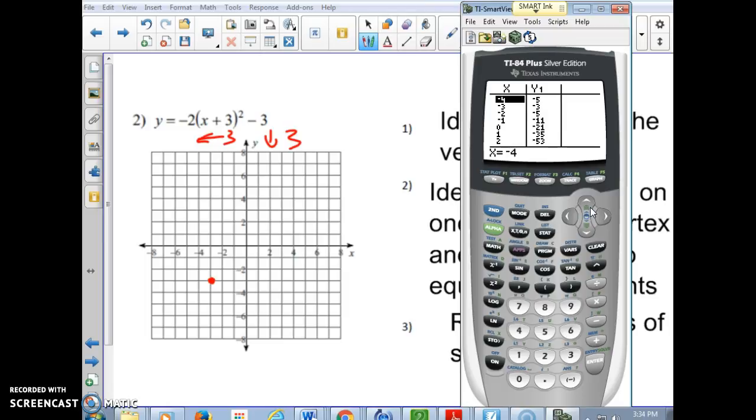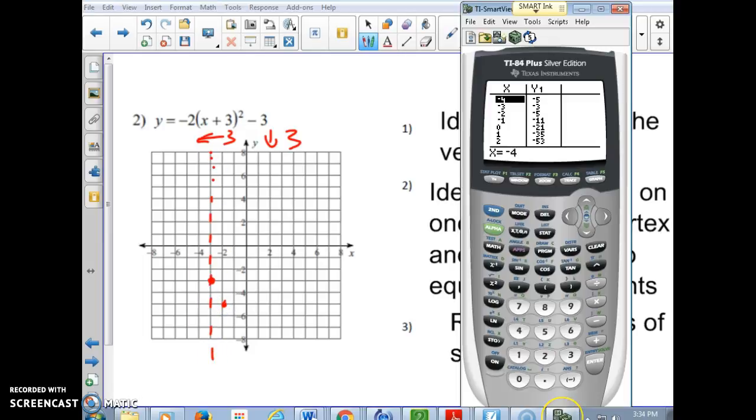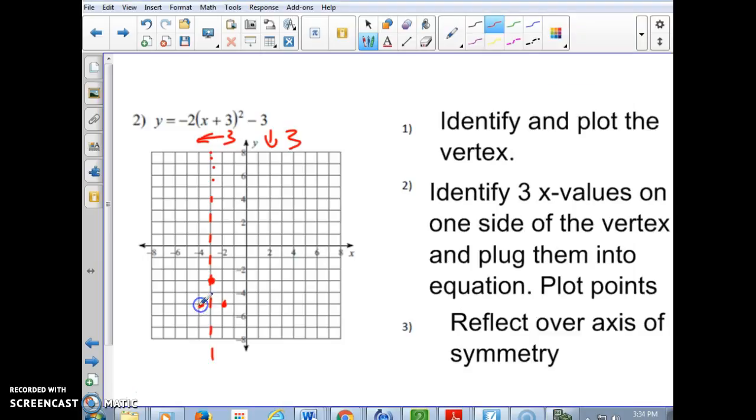I got negative 2, negative 5 as one point. So I'm going to go negative 2, negative 5. I have my axis of symmetry right here. And then what other one can I plot? I got negative 11, but that's off the graph. Okay? So it looks like I can only plot 2 points, and my curve is going to look like this. What I'm asking you guys to do is try the next couple, and we'll talk about them next.